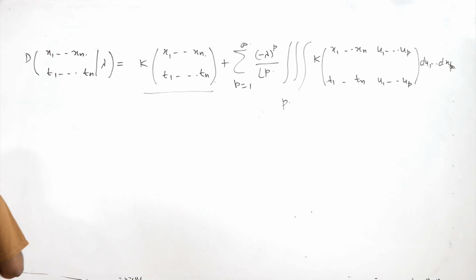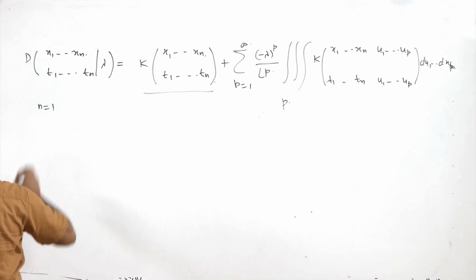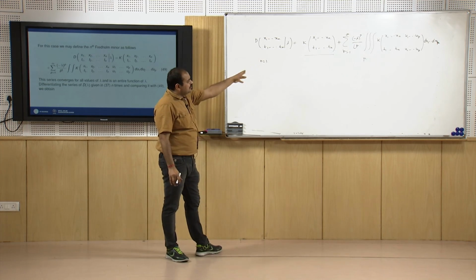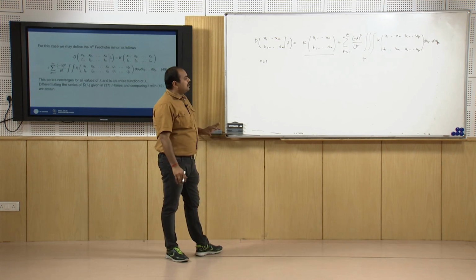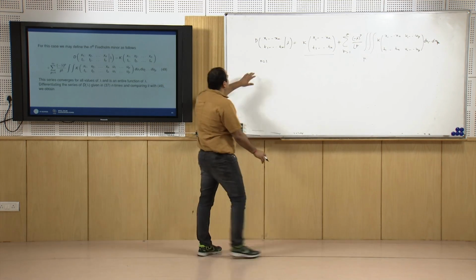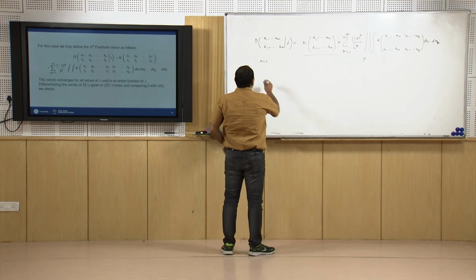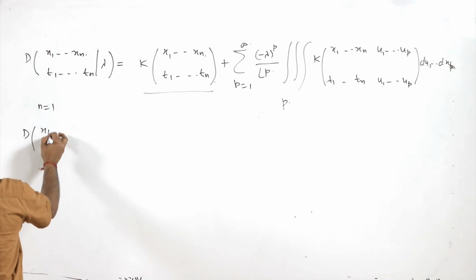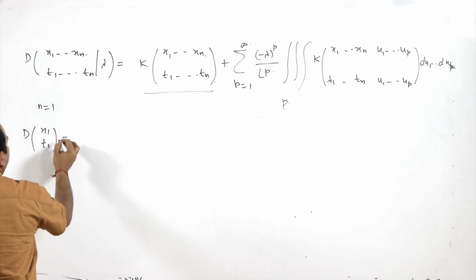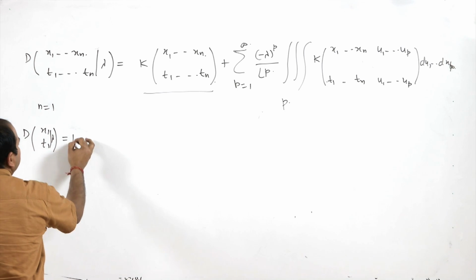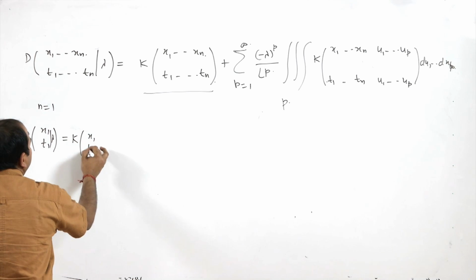So now here if we take n equal to 1, then we see that this reduces to your Fredholm minor, that is D(x, y; lambda). So if you look at n equal to 1, then it is D(x1, t1; lambda) equal to K(x1, t1).